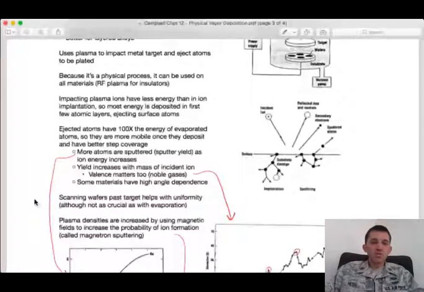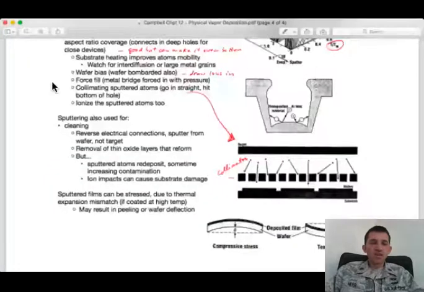So 1 to 1 would be 1 ion in, 1 out, and 3 would be 3 out for 1 ion in. We see here that yield is dependent upon the ion energy. That should be intuitive: the more energy we put in, the higher the probability that we can eject multiple atoms.